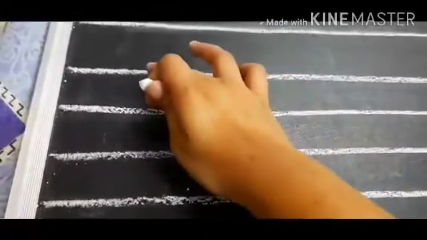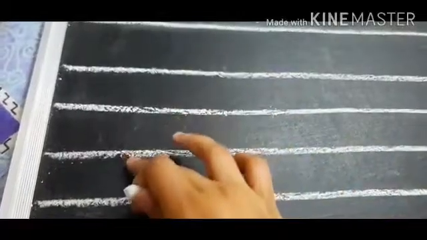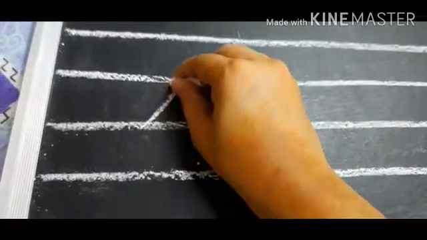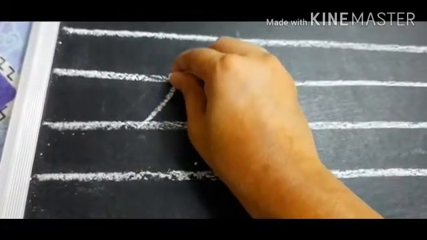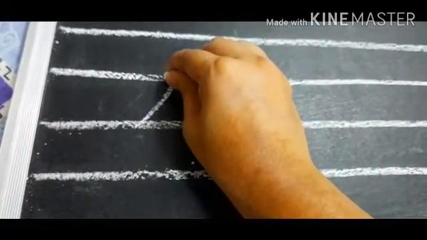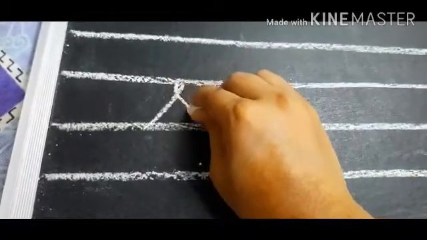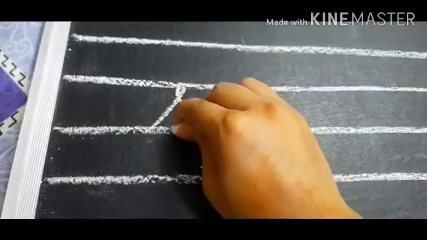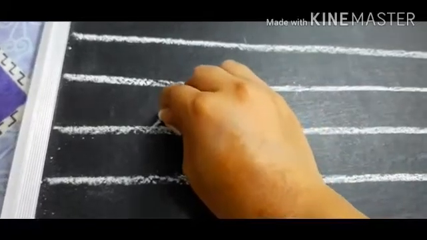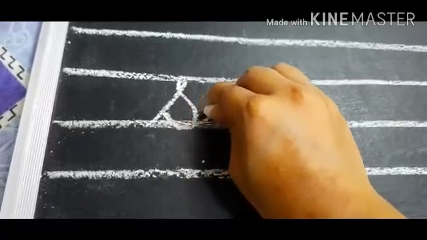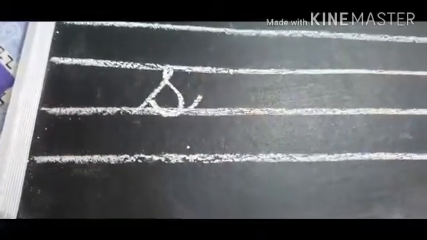Now students, to make cursive S, we will begin from our third line. First, second and third. From the third line, we will go slant and make a little bit of a turn like this, come down, make a half curve and touch this slanting line, go back and then out like this.